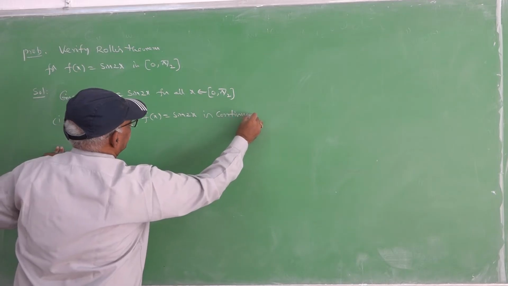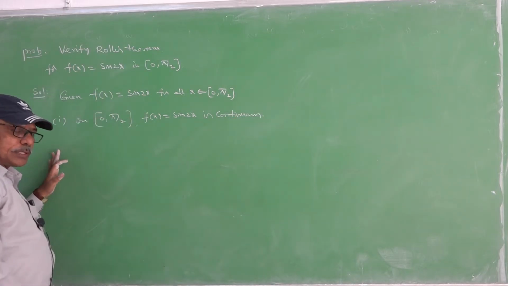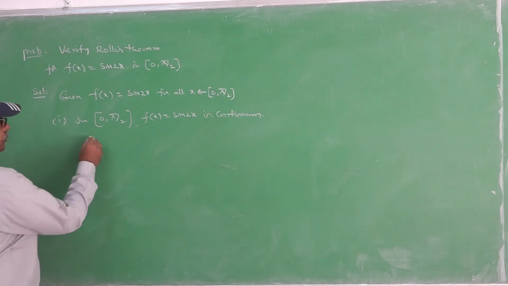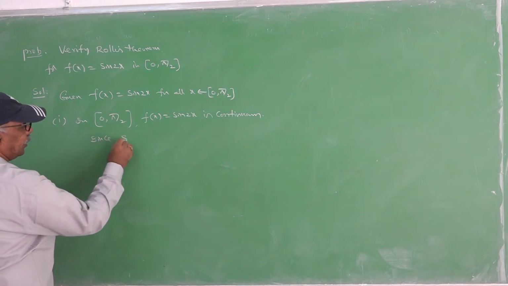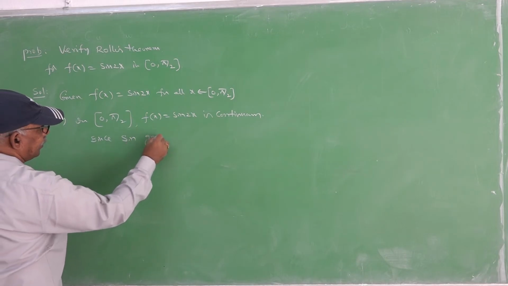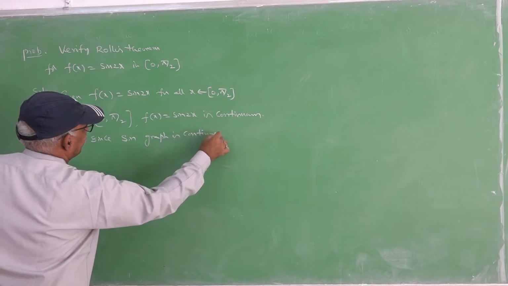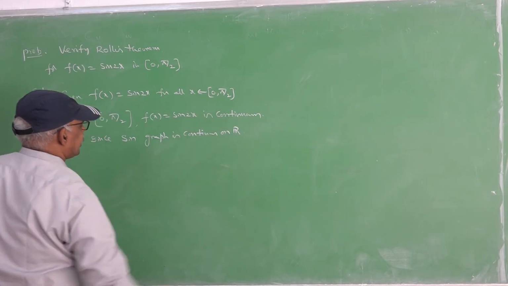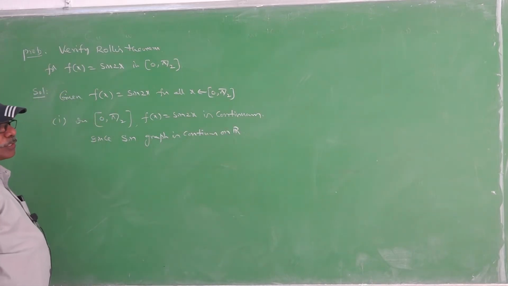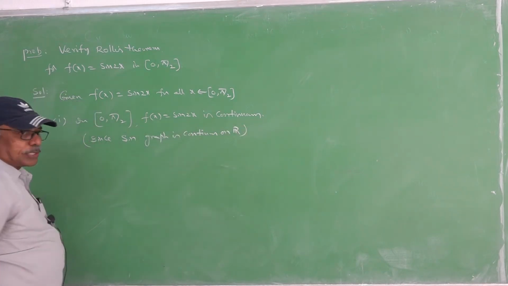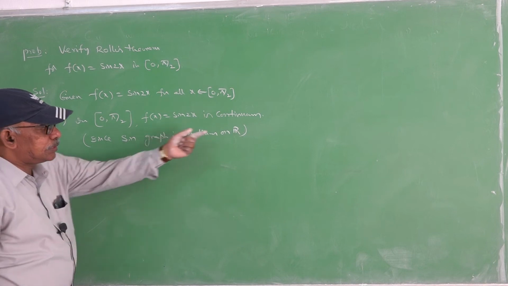You can announce: since the sine graph is continuous on R itself, the given function f(x) equal to sine 2x is continuous in this subinterval.